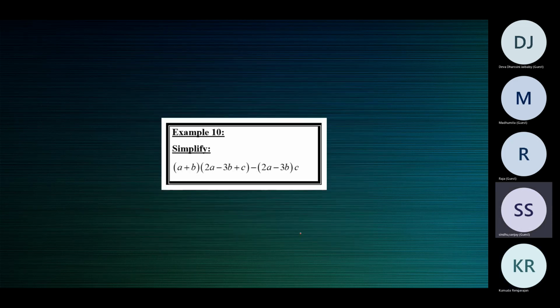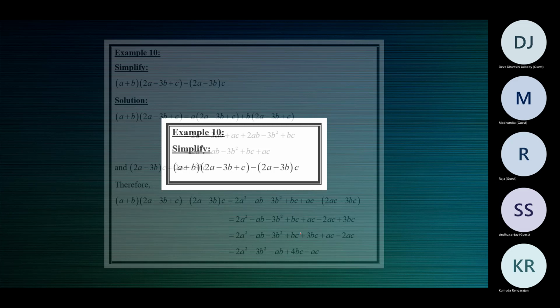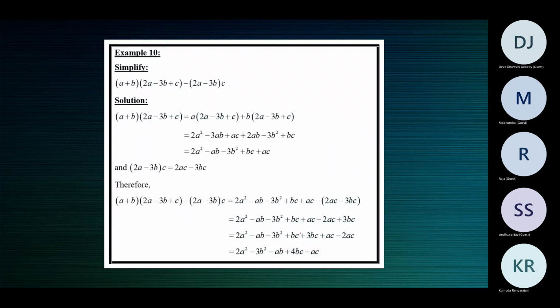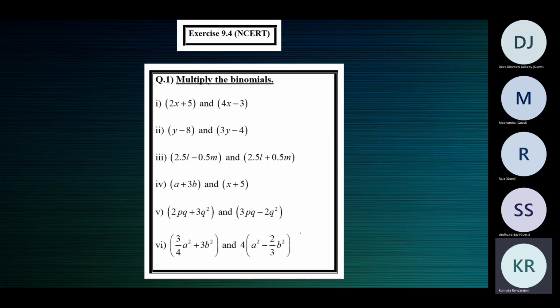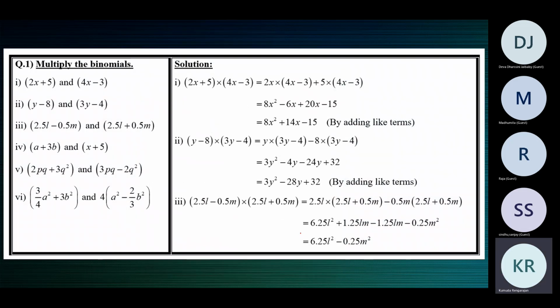Yes, ma'am. What about this? Have we completed this? This was classwork or homework? I completed. Yeah, I think we did this in the class, I remember. Yeah, let's see these answers. Let's see the last one.